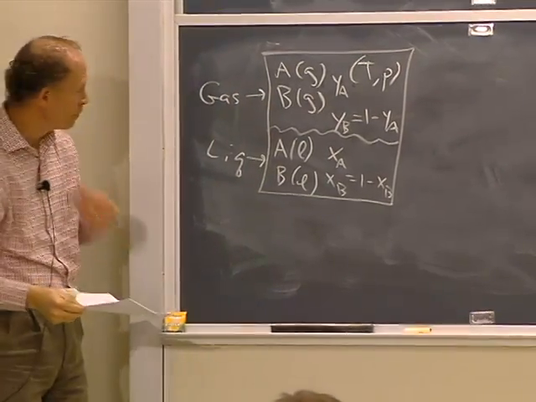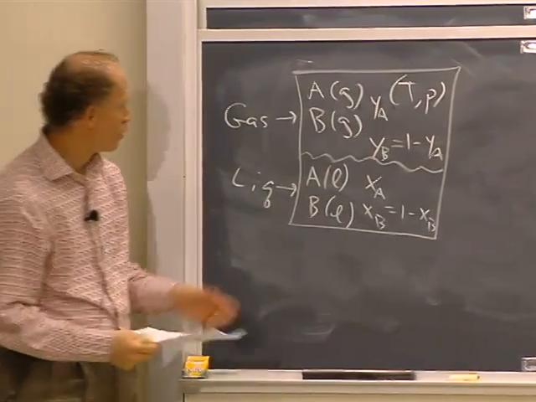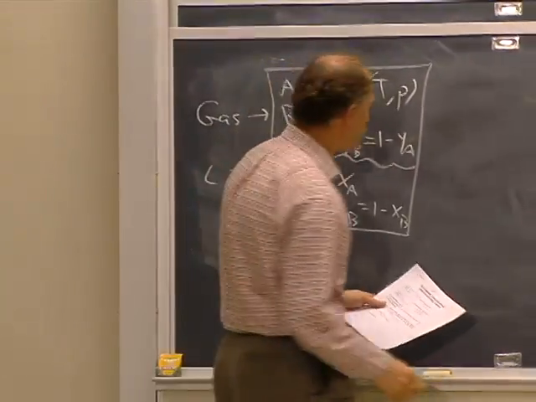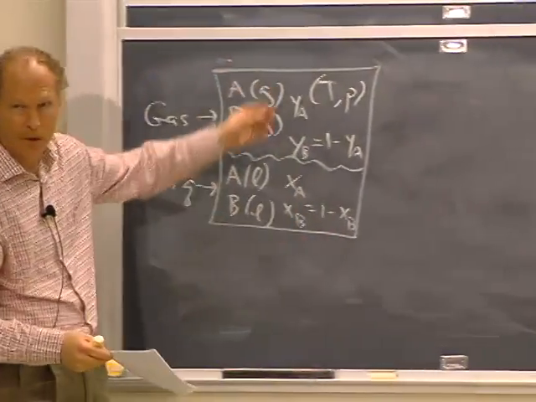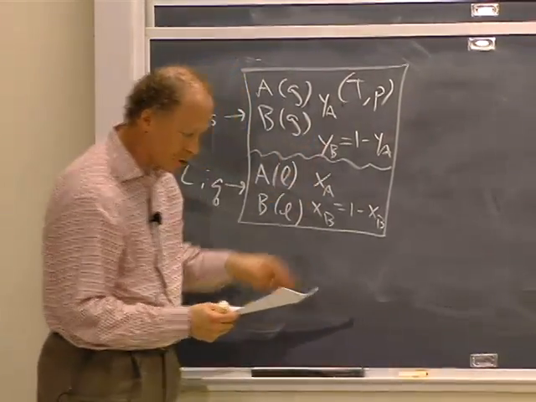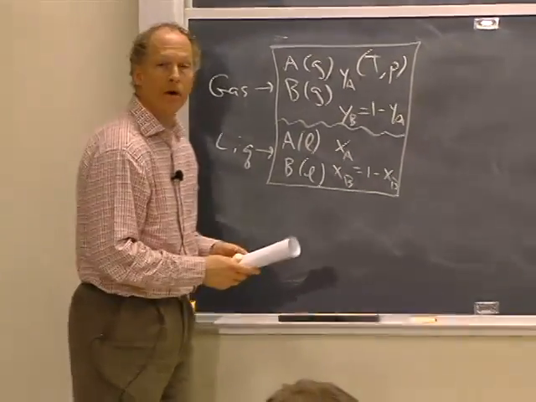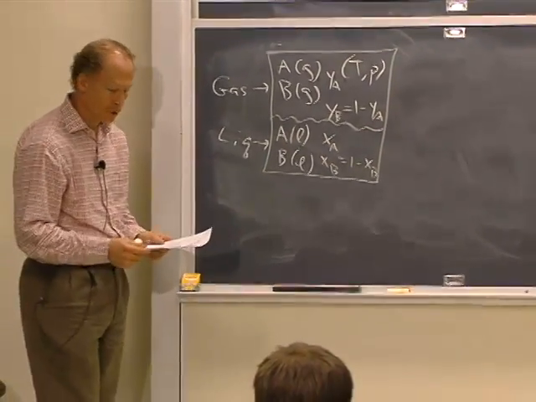So that's our system. One of the things that you established last time is that there is a total number of variables, including the temperature and the pressure, and let's say the mole fraction of A in each of the liquid and gas phases, right? But then there are constraints because the chemical potentials have to be equal.